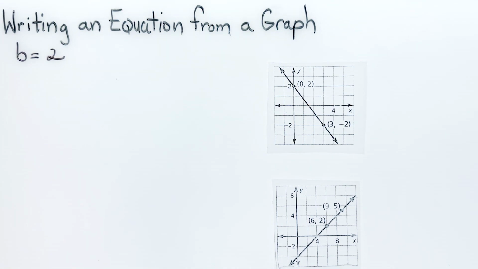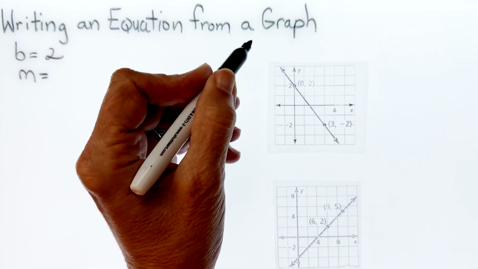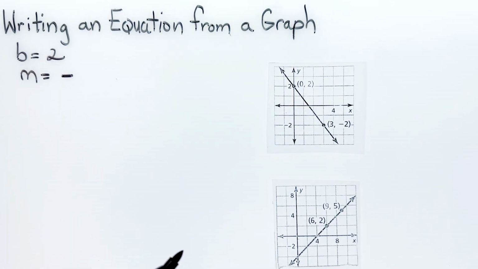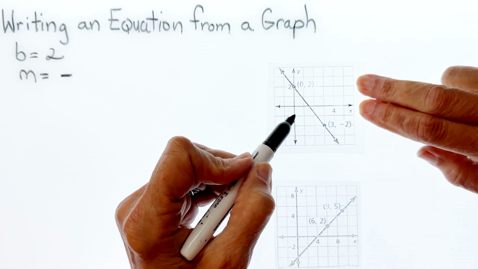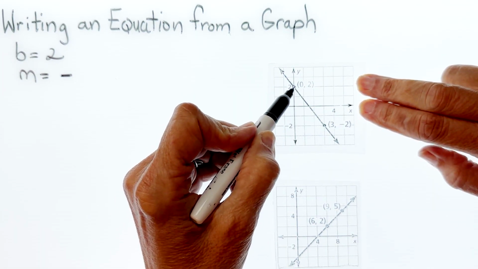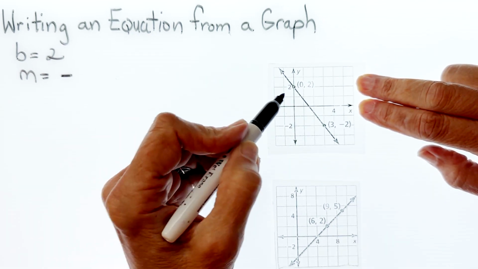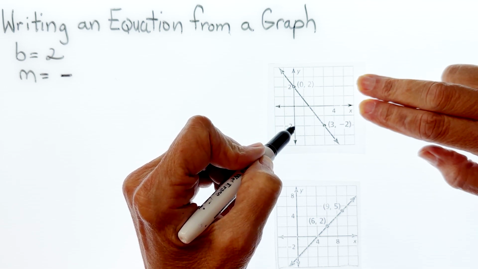Now, again, my slope is going to be negative because it's going downhill, so I'm writing that. And now I'm going to count from one point to the next, and then I'm going to write my rise over my run. So it's 1, 2, 3, 4.